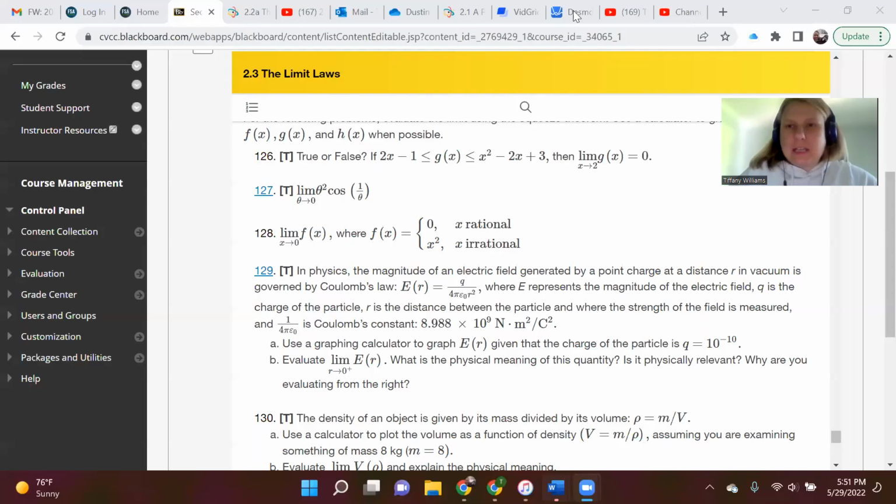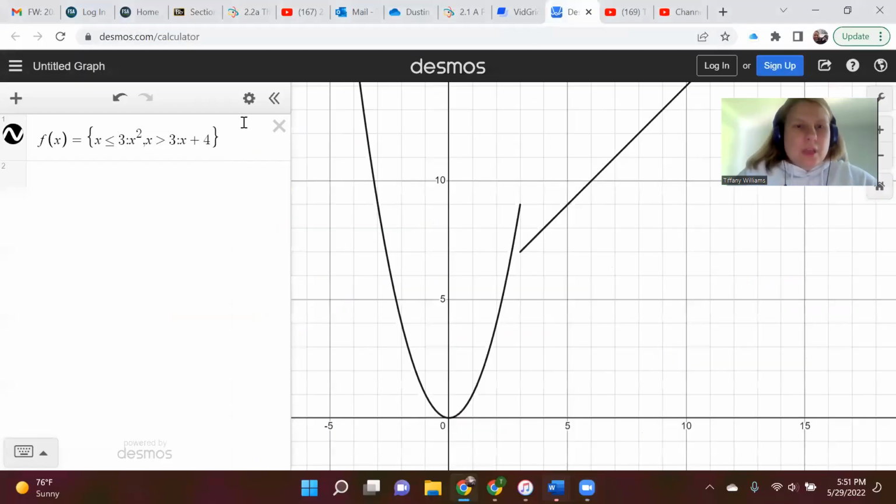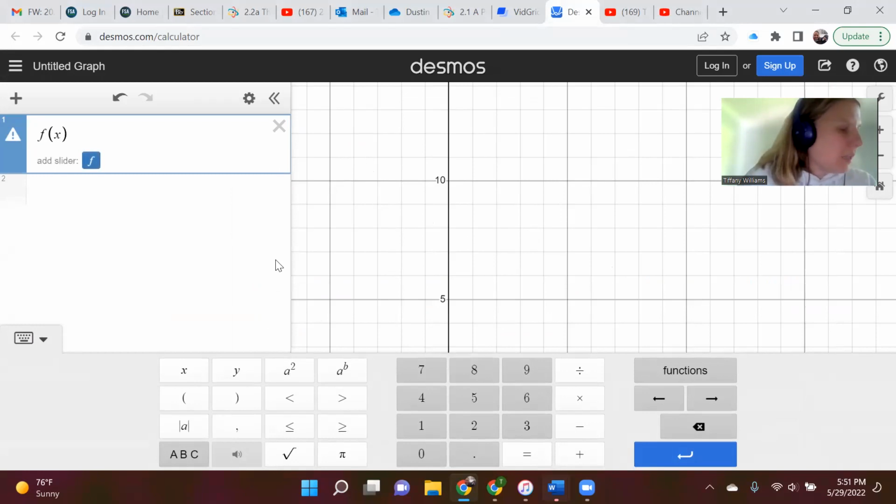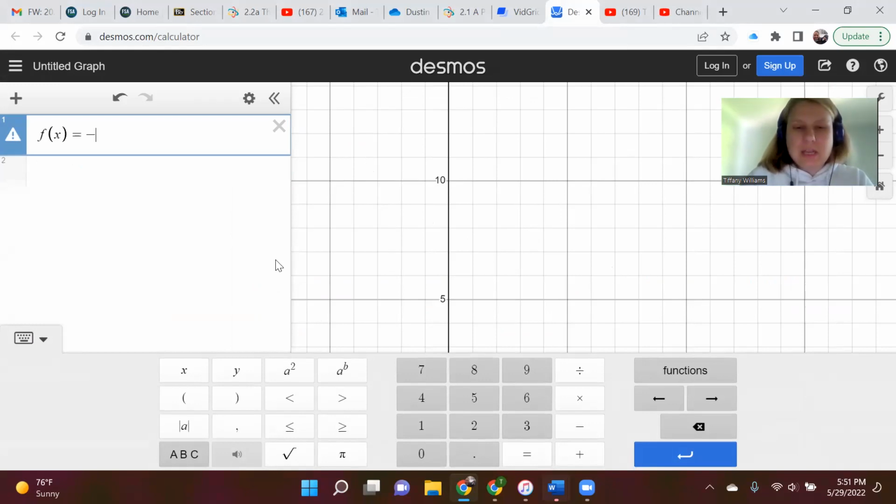So let's go back to Desmos. I am going to close this out. Let's do f of, now, your thing uses theta, I'm going to use x. It's all the same thing. So I'm going to have f of x equal to negative x squared. All right.